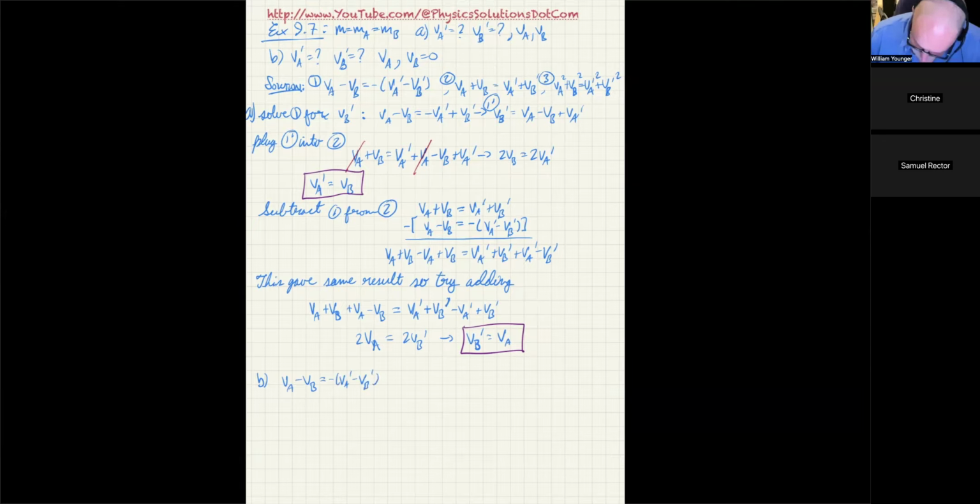But in this case, VB is supposed to be equal to zero, so I'm just going to erase it like that. I'm going to call this equation 1. And then VA plus VB equals VA prime plus VB prime. But VB is supposed to be equal to 0, so I'm going to erase that.